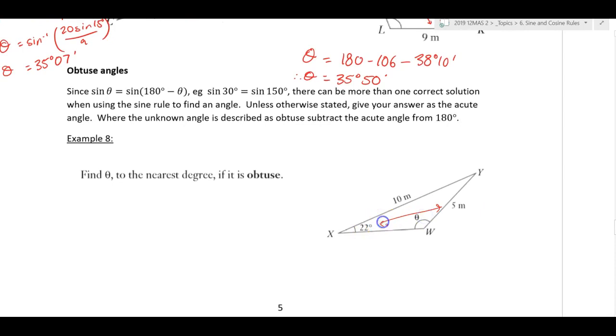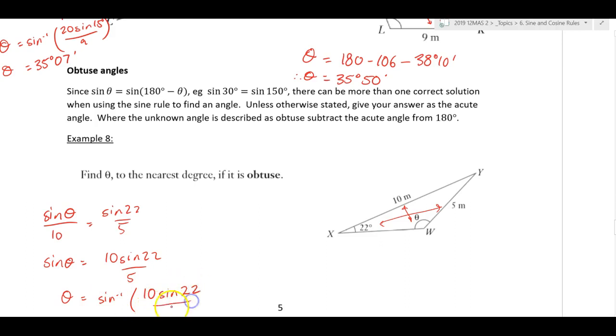Fairly neat, right? Opposite sides and angles. And I'm going to say that sine theta over 10 equals sine 22 over 5. It's all good. So sine theta is 10 sine 22 over 5. That means that theta is the inverse sine of 10 sine 22 over 5.